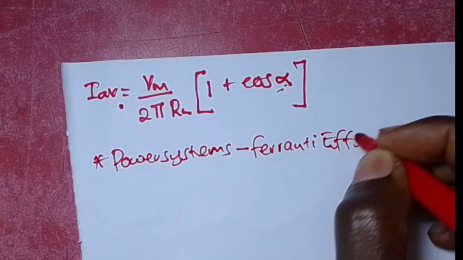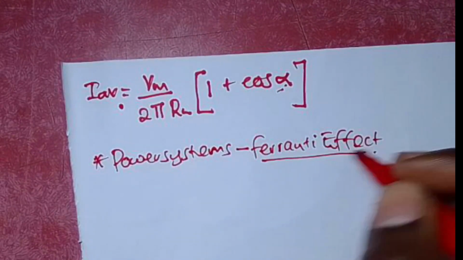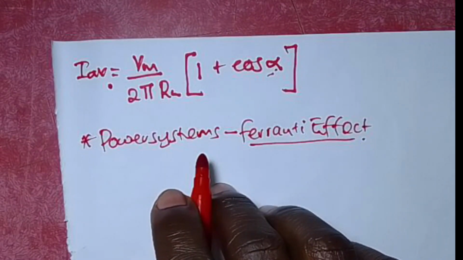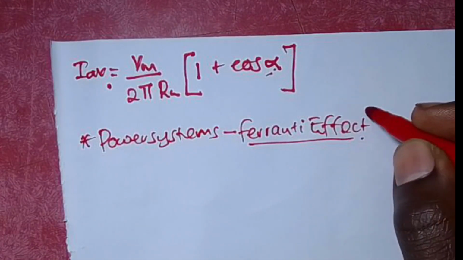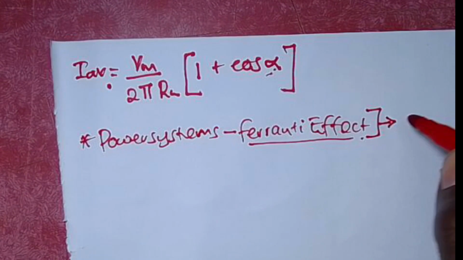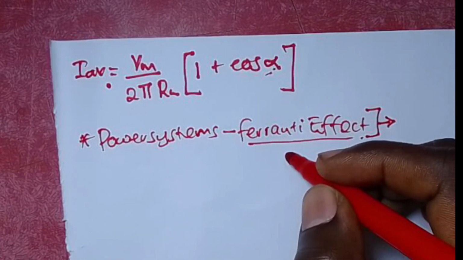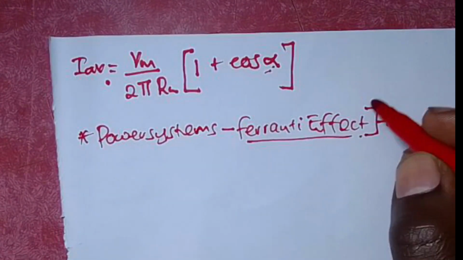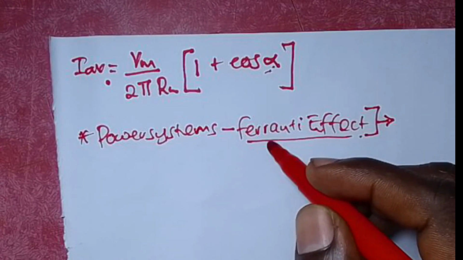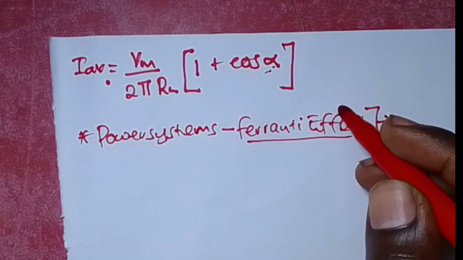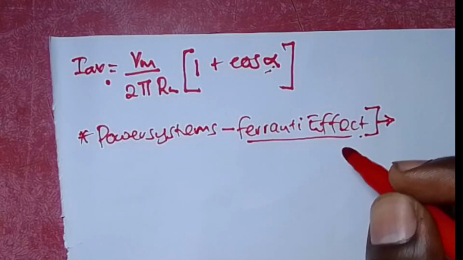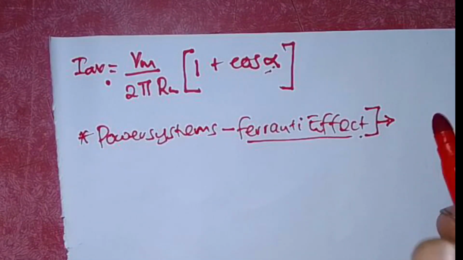So we expect that we shall read through this and maybe be able to understand. So in our next power systems lecture, we shall be tackling this Ferranti effect, and maybe we shall also look at some other things, because Ferranti is not so big. We shall give it briefly 1.5 hours, and then we shall use the other remaining part of the time to look at other things and revisions.